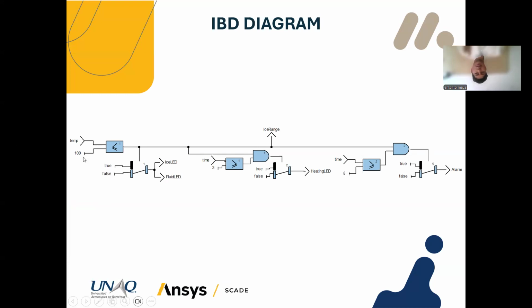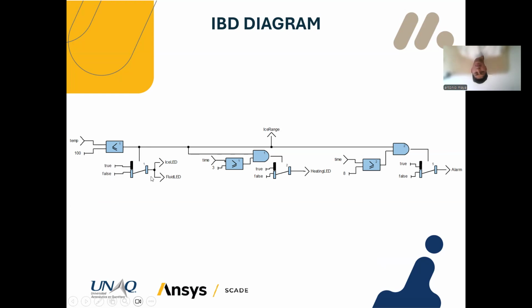It goes from 0 to 1023, corresponding to 10 bits of the ADC, analog digital converter. And if this temperature is less than this value, 100, which is like 10%, then the ice LED and the fluid LED are going to be turned on because they're going to change the value to true.